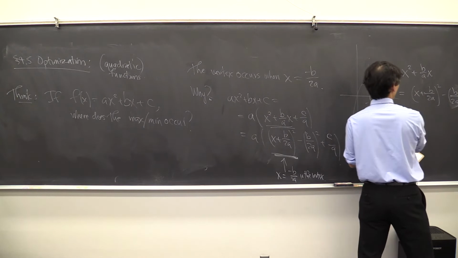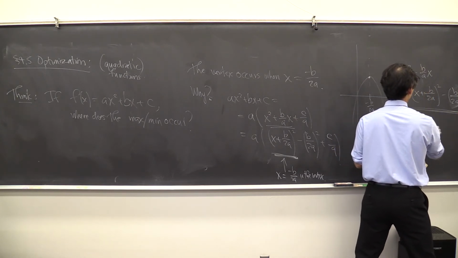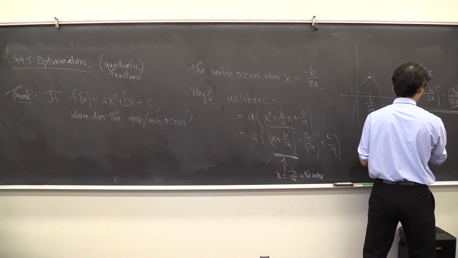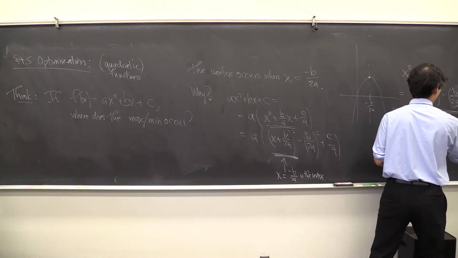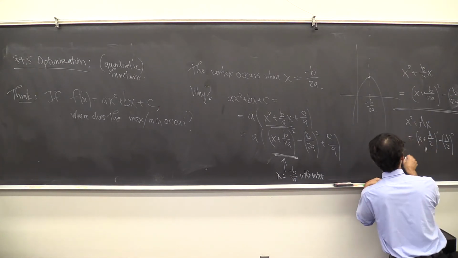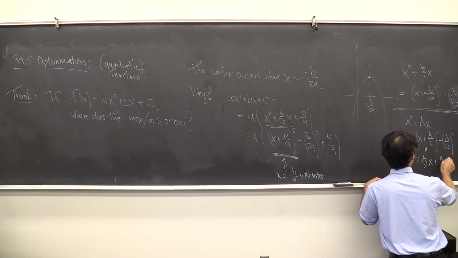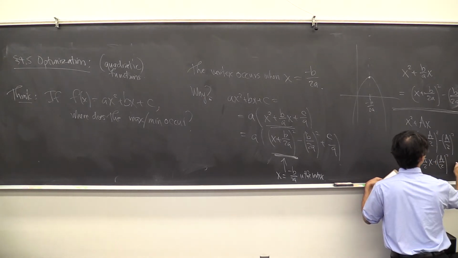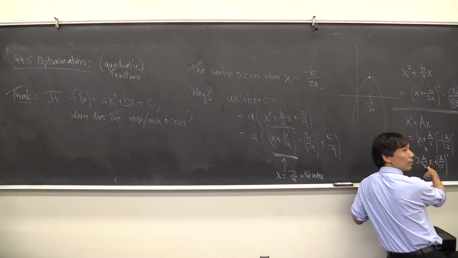Remember, if you have x squared plus ax and you're doing completing the square on it, it becomes x plus a over 2 quantity squared minus a over 2 squared. Because this thing turns into x squared plus 2 times a over 2 x plus a over 2 quantity squared, and this is your x squared plus ax.